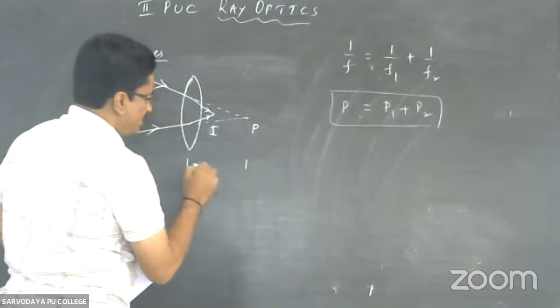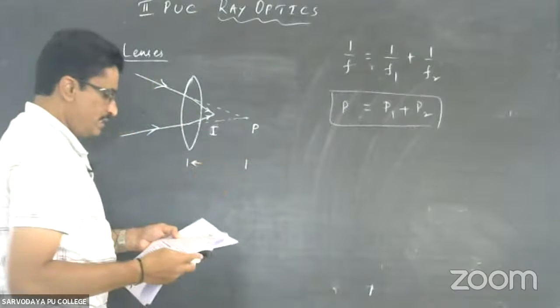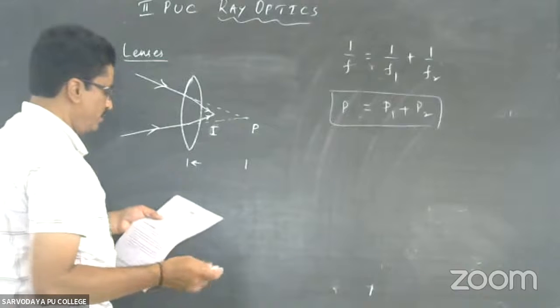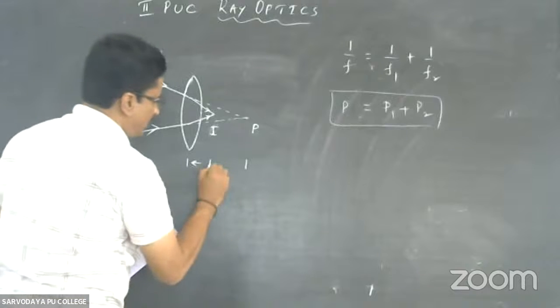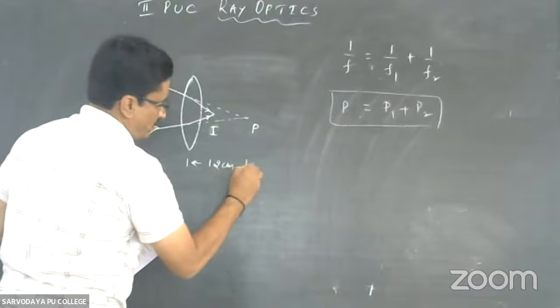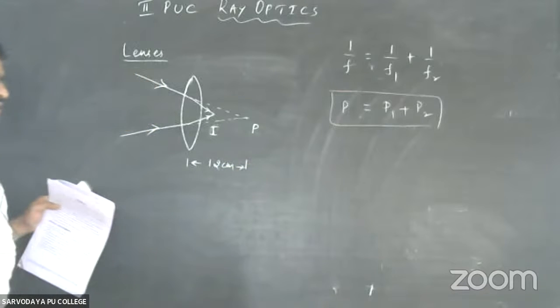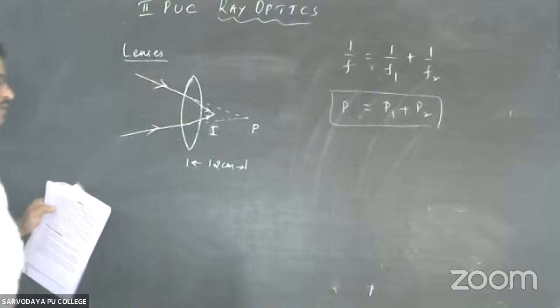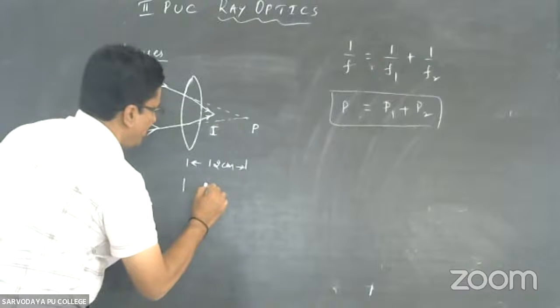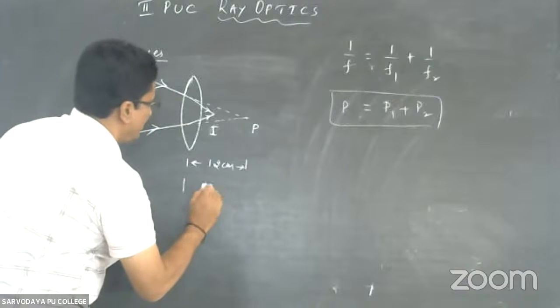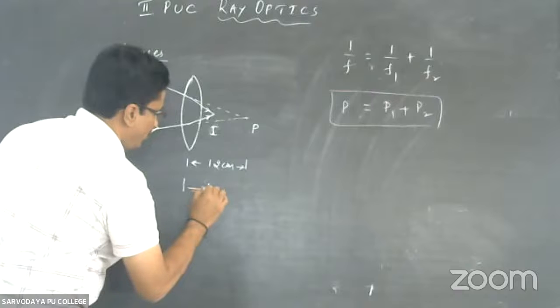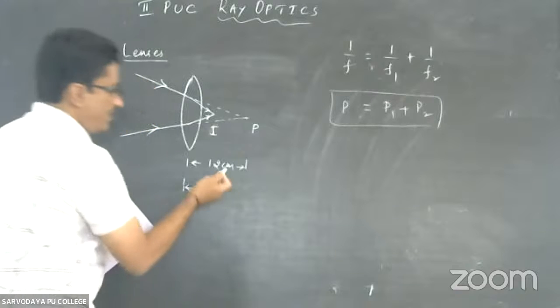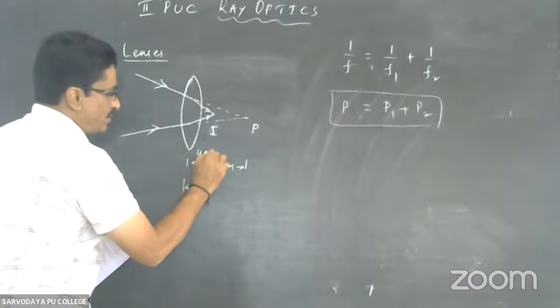They have given the distance at which the lens has been introduced with respect to P, and it is 12 centimeter. But the final point of convergence is at I, and we have been asked to find out this. In fact, you can consider P as the object.